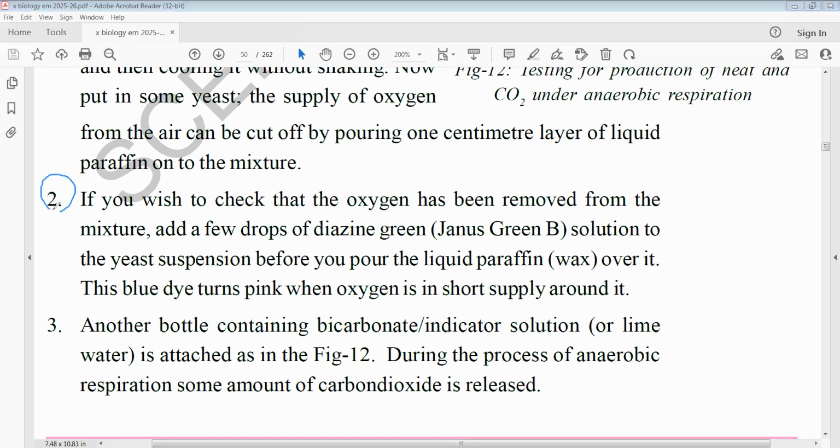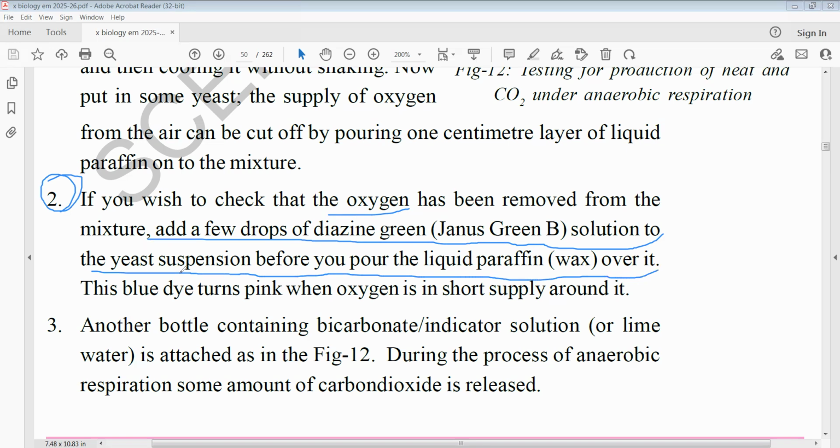Second point, if you want to test that oxygen has been removed from the mixture, add a few drops of Janus green B solution to the yeast suspension before you pour the liquid paraffin over it.